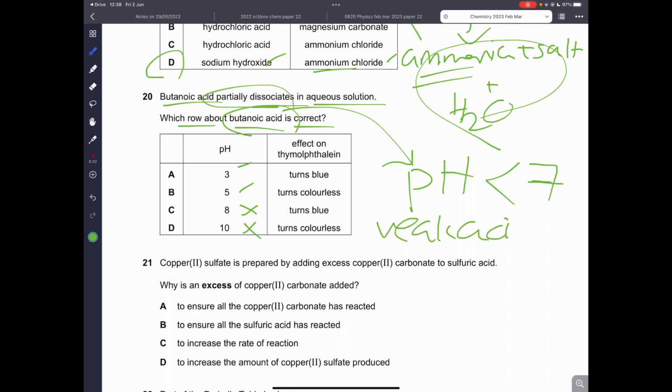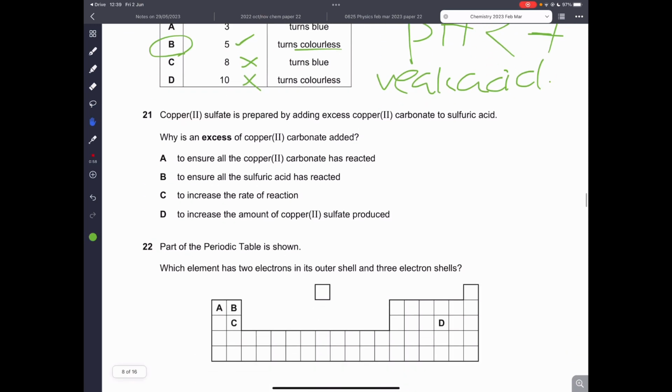A weak acid has a higher pH than a strong one. So 5 is correct. And remember, thymolphthalein is an indicator. It's just the same as phenolphthalein, but this year they changed it to thymolphthalein, and it's basically the same effect. So when in acid it is colorless, in alkali it turns blue. And therefore B is the correct answer.